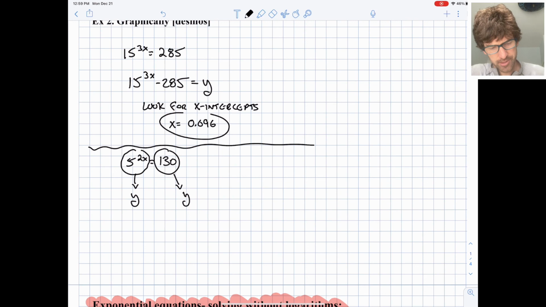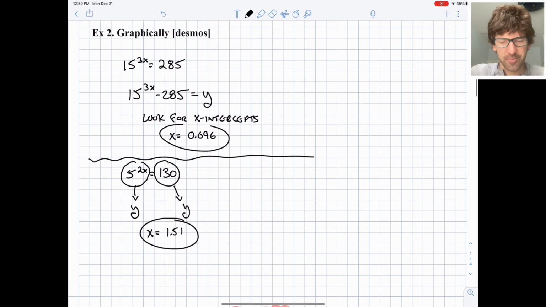And that would be our solution right there. x equals 1.51. So a couple different strategies using some tech, using Desmos or any old graphing calculator, honestly, to help you solve for an exponential equation where the unknown is in the exponent. All right, and that's a good place to stop right there.